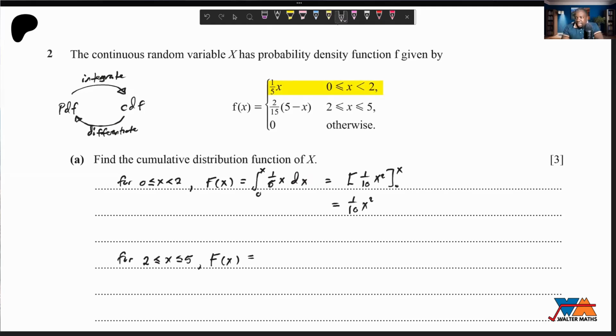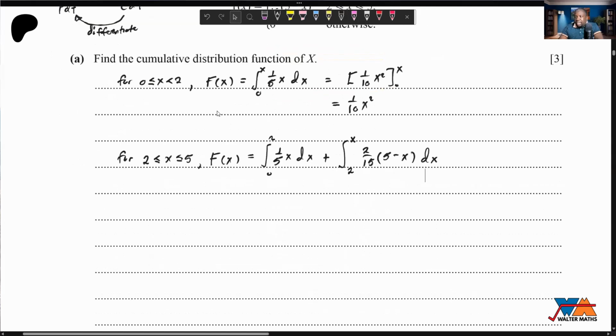So we start by integrating a fifth of x from 0 up to 2 with respect to x, plus the integral from 2 up to a certain value of x of 2/15 of 5 minus x with respect to x. So that's basically how we're going to be doing it. We know that here we get a 10th of x squared from 0 up to 2.